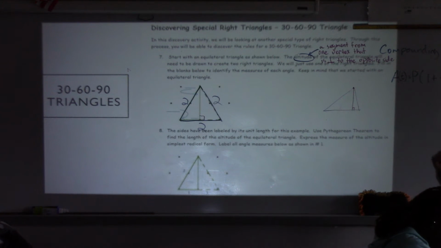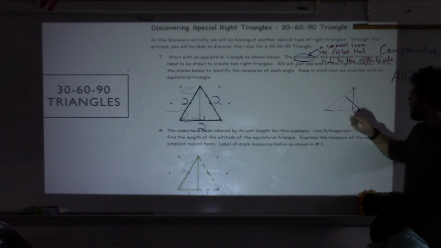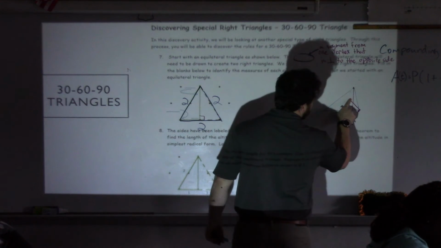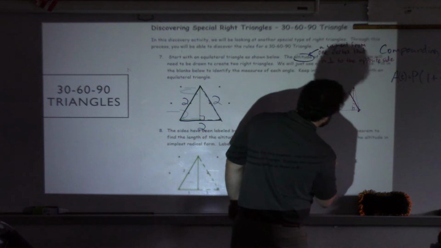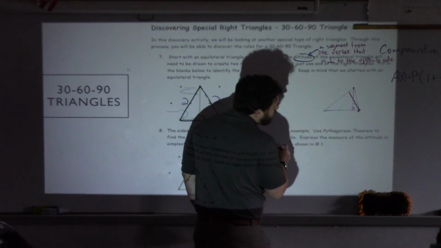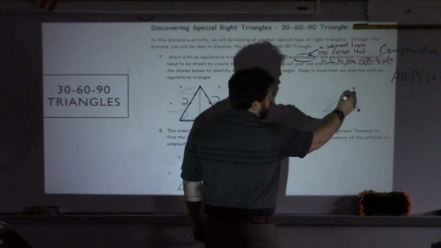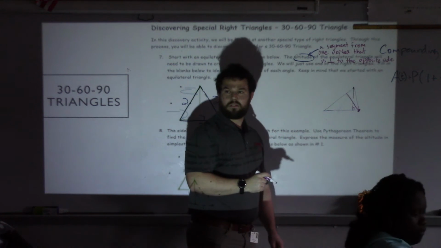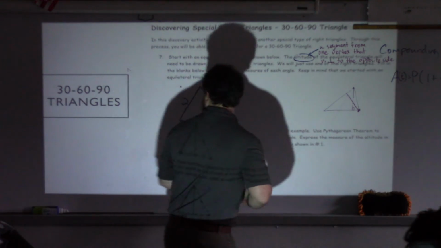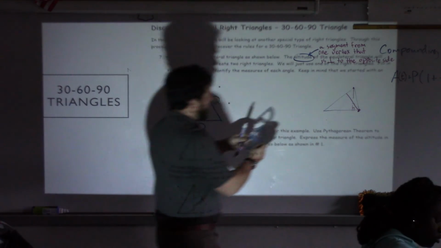That is not the only altitude of this triangle. I can also have an altitude from this vertex. Maybe here. Does that look almost perpendicular? How about that? I would think that's close. It's definitely closer than the other one. Let's find out.